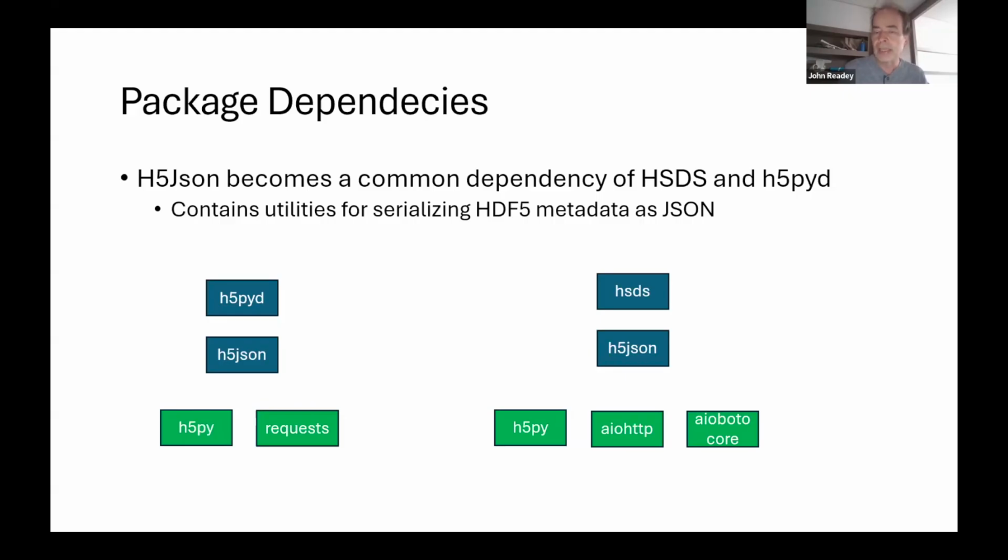We use aiohttp, which is an asynchronous HTTP package. And we use aiobotocore, which is an async package for talking to S3. So moving on. And by the way, if anyone has a question, feel free to interrupt anytime.